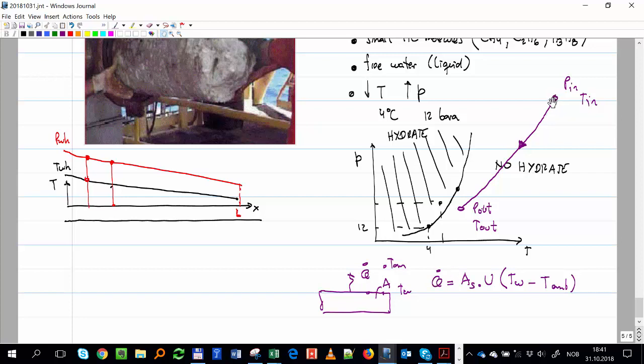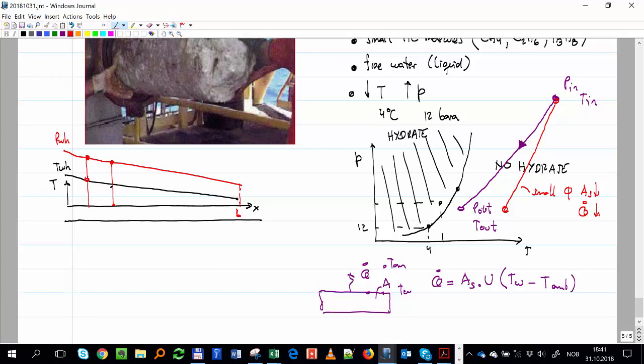So the cooling will be, let's make another line. So if you use, for example, a small pipe, a small diameter, the area will be small and then Q will also be small. And then I will be a bit outside of the hydrate region.